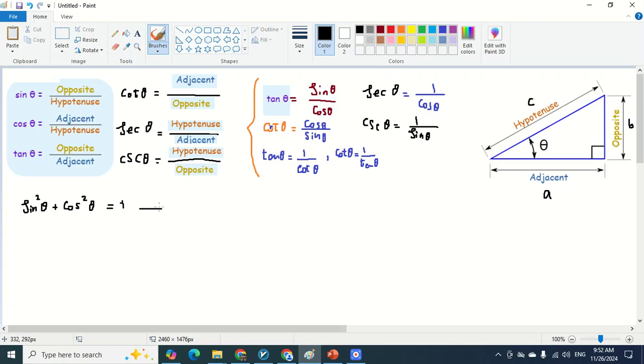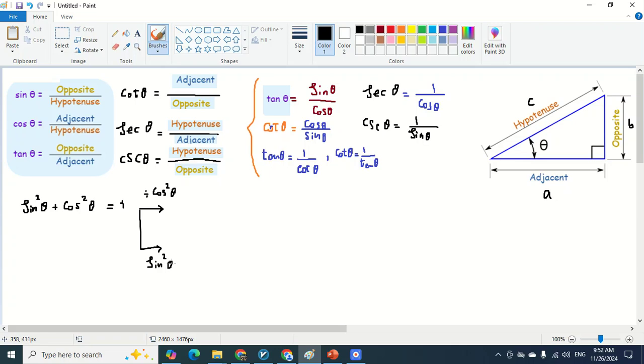Right now, let us divide this expression by cosine square and sine square to reach another type of relation. If I divide it by cosine square of theta, then I have one relation, and if I divide it by the sine square of theta, then we will find another relation as well.